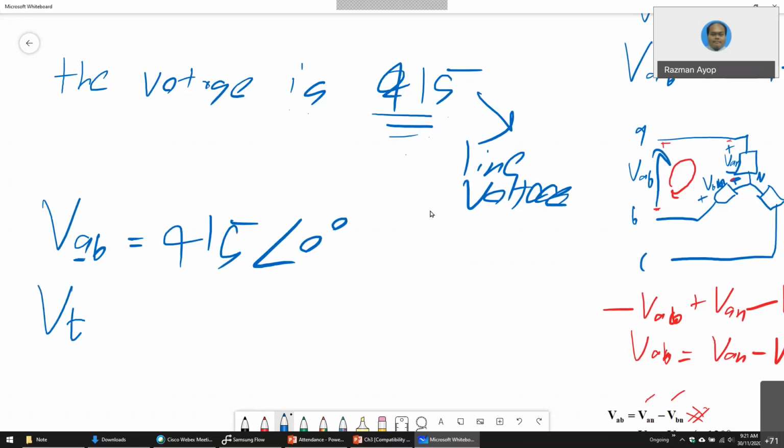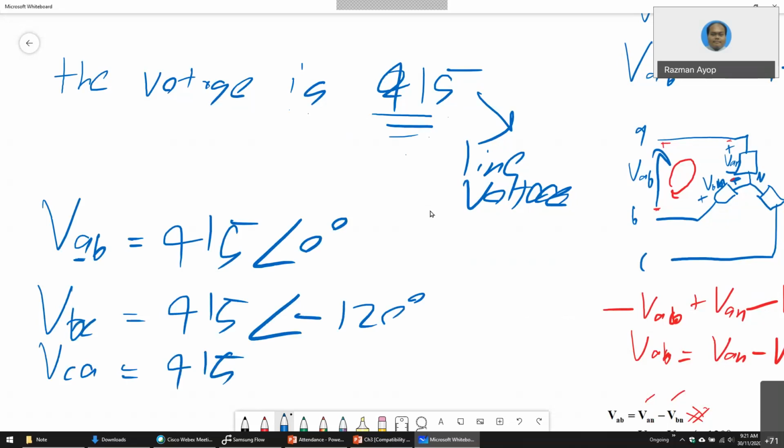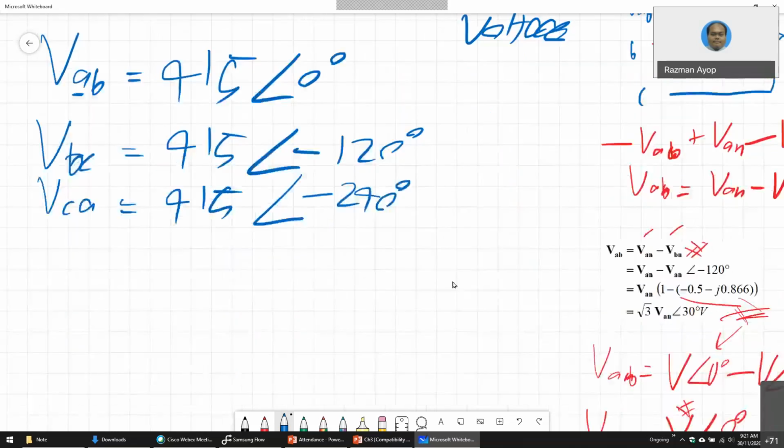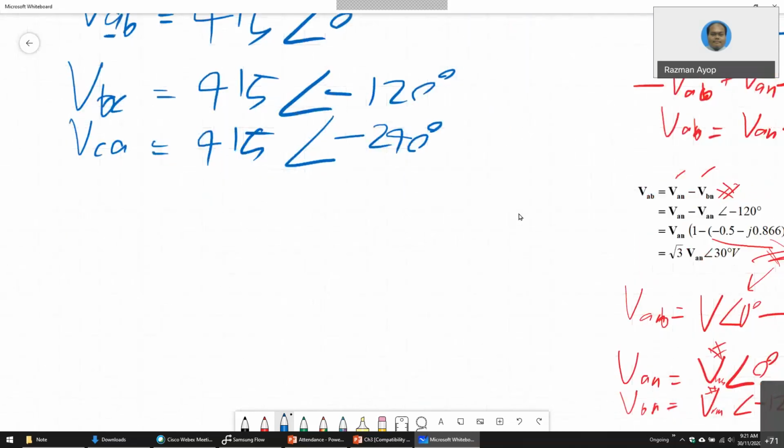So VBC equals 415 angle negative 120 degrees, because for positive sequence you need 120 degrees, and VCA equals 415 angle negative 240 degrees. So the question asks you to find the phase and line voltage.